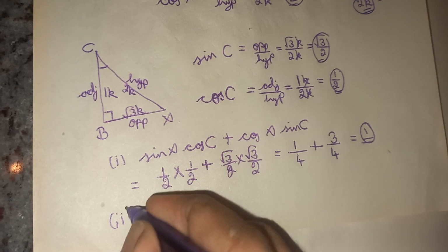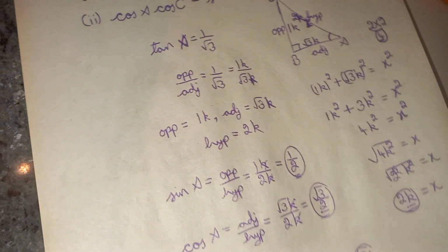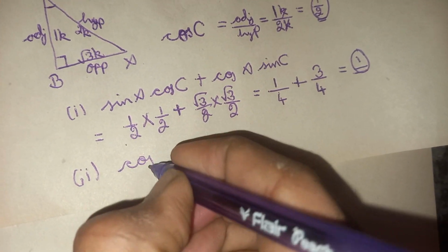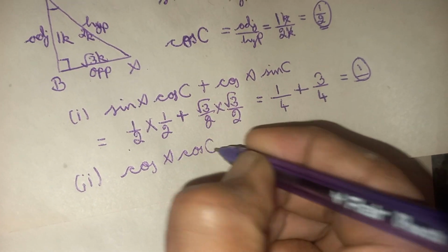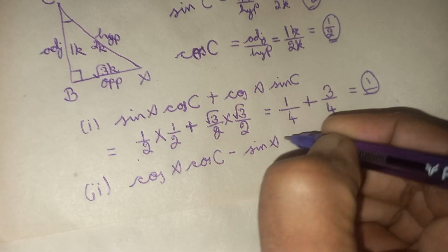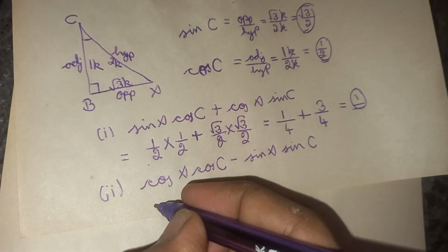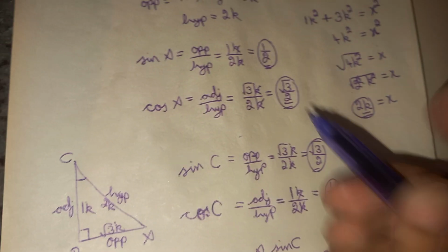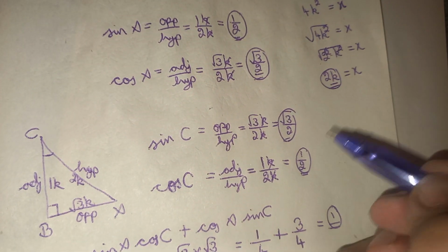Let's do the second problem: cos A cos C minus sin A sin C. Cos A cos C is root 3 by 2 times half, minus sin A sin C, which is half times root 3 by 2.